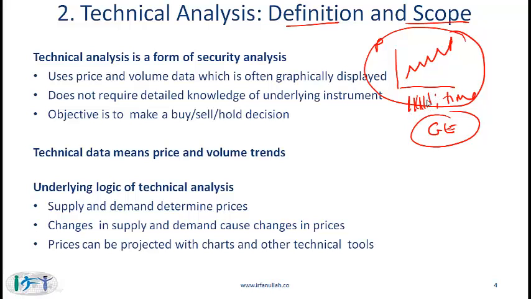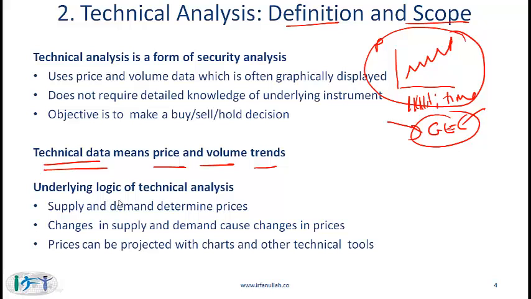You really do not need to know too much about the business or the various businesses of General Electric, the industries that it operates in, the economy, and so on. The objective of technical analysis is to make a buy, sell, or hold decision. You will often hear the term technical data, and just to clarify, technical data simply means price data, volume data, and the trends associated with price and volume.